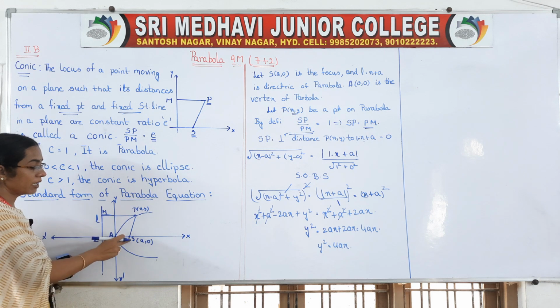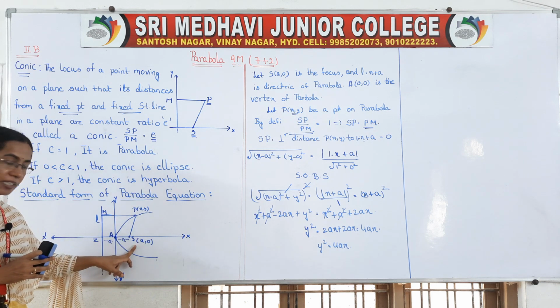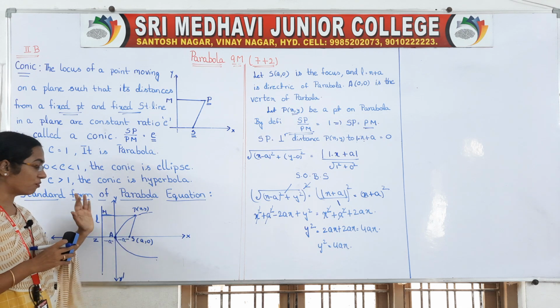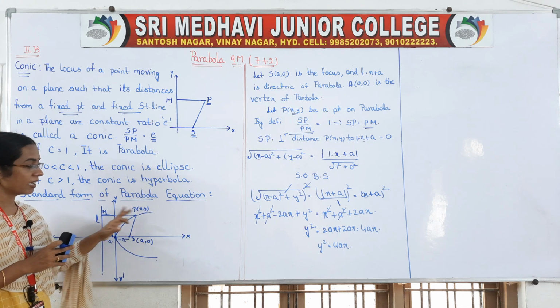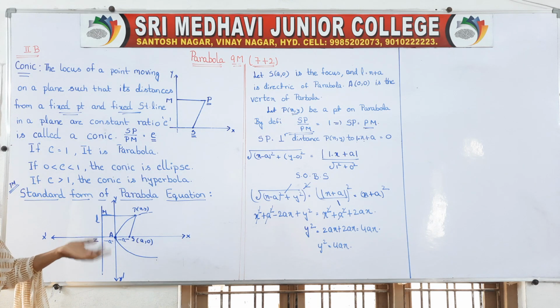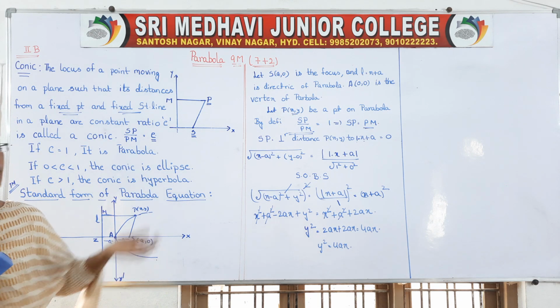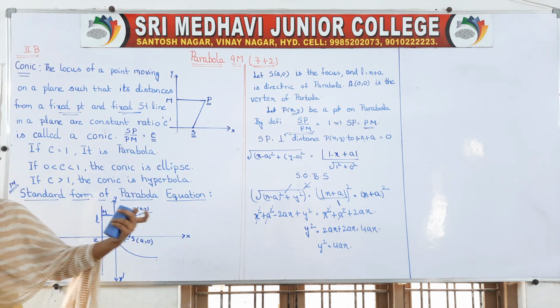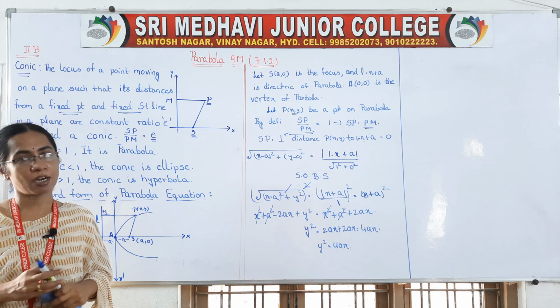From that point you join straight lines to the fixed point focus and the fixed line directrix. So SP by PM is equal to 1 by the definition of parabola. We have taken that and proved the equation of the parabola.